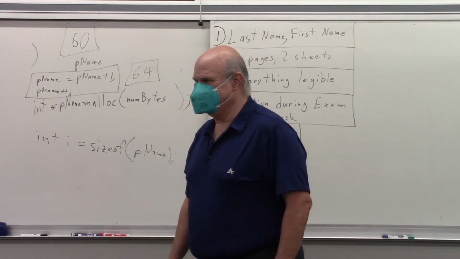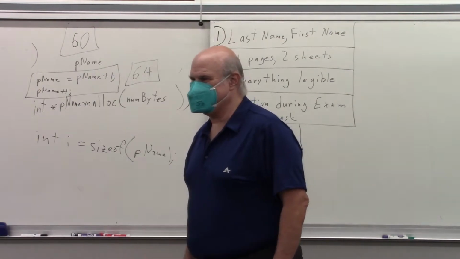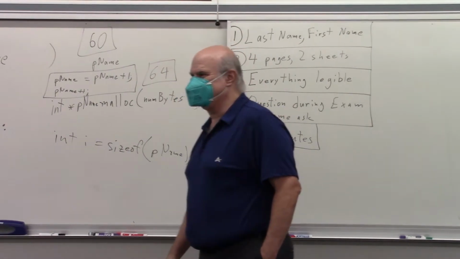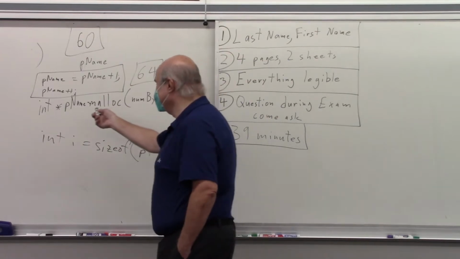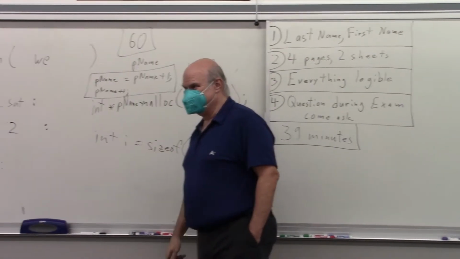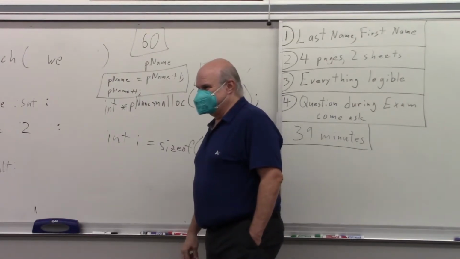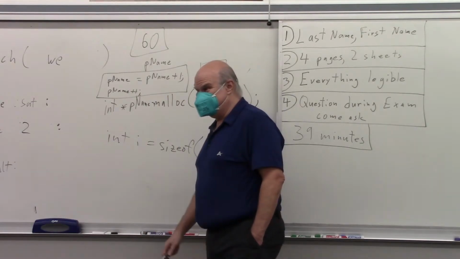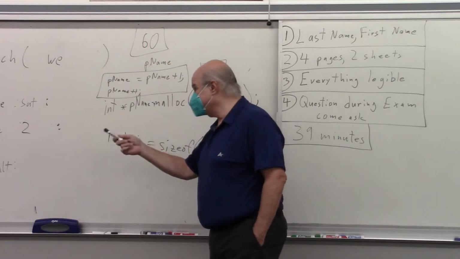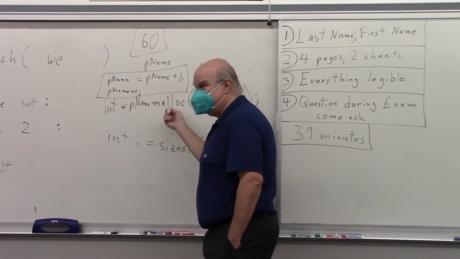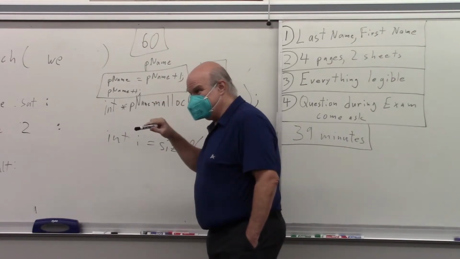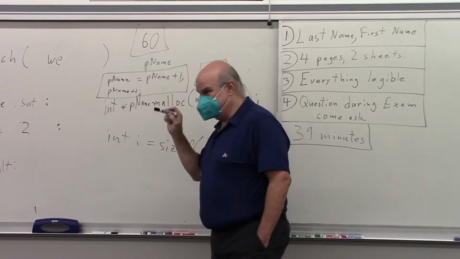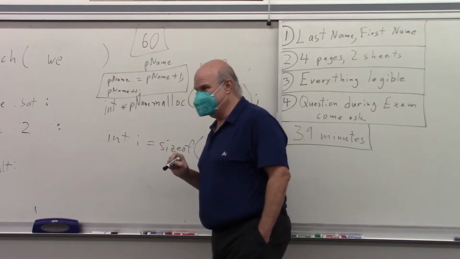pnew is not magic. It's just like pname here, the new pointer, the pnew plus plus. pnew had to have been allocated before, by malloc, or by pointing it with a reference operator to some already existing piece of memory.